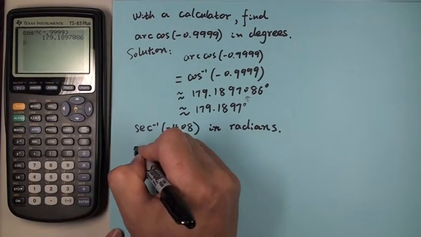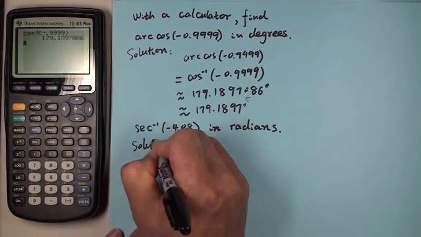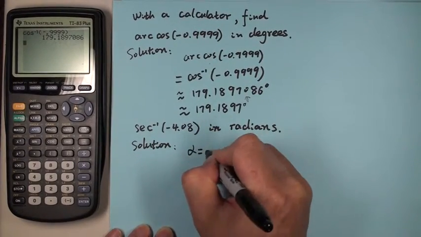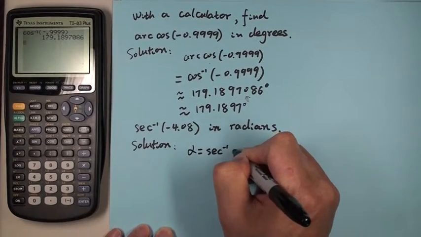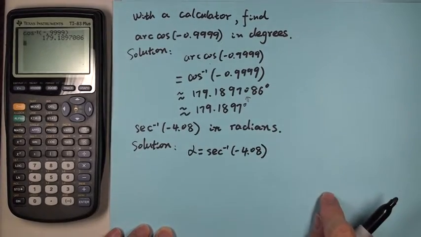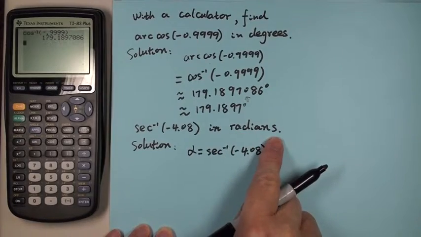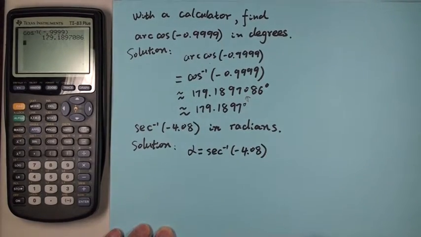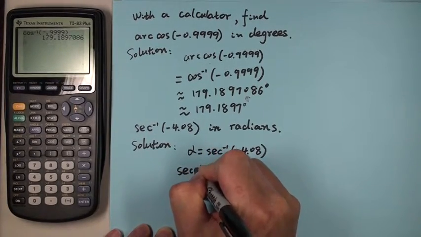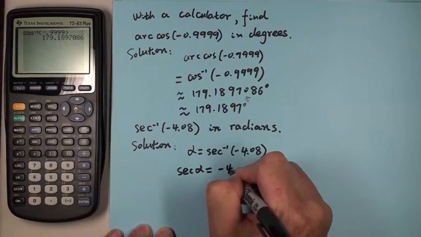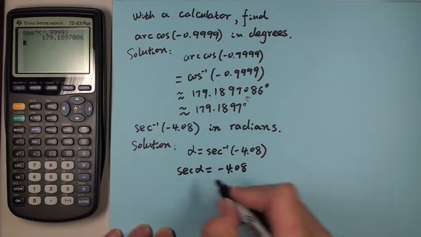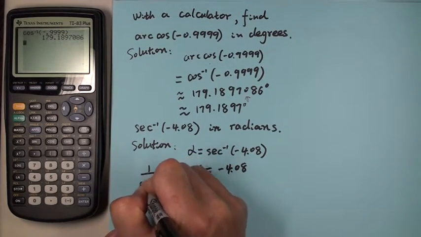Now for this one, you want to introduce an angle yourself. That's secant inverse of negative 4.08. You know this is going to be an angle, and you want this one to be in radians. Based on the definition, secant alpha will be negative 4.08. Now remember, secant is 1 over cosine.